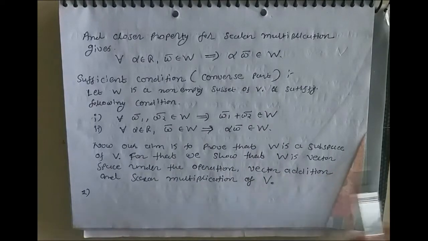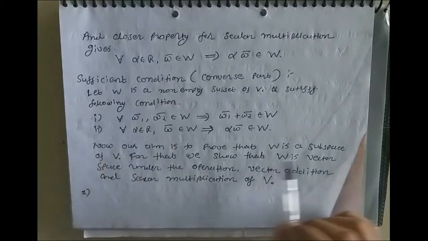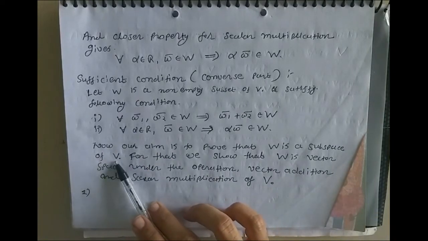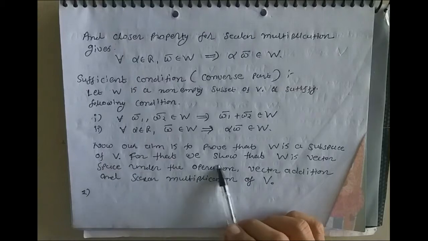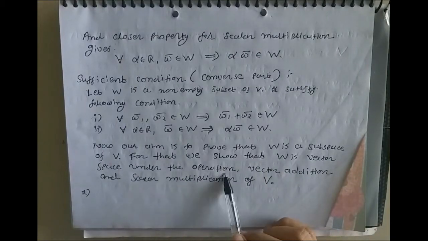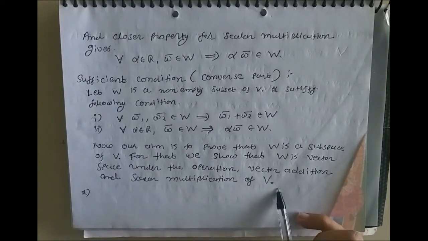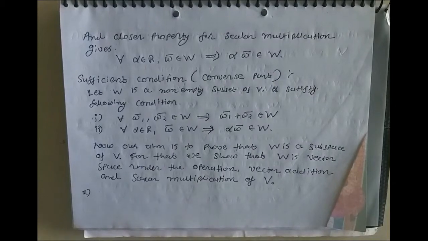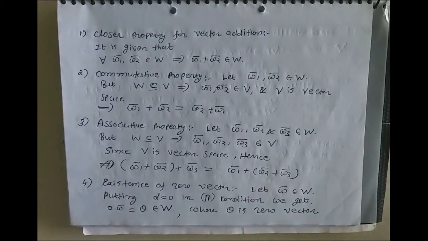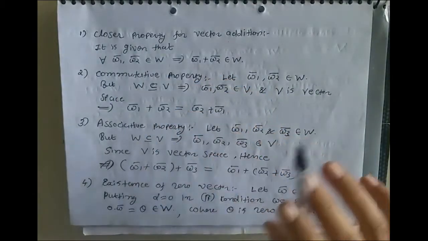Now our aim is to prove W is a vector space under this vector addition and scalar multiplication. So now our aim is to prove that W is a subspace of V. For that, we show that W is a vector space under the operations vector addition and scalar multiplication of V. For that, we prove the 10 conditions for the vector space.